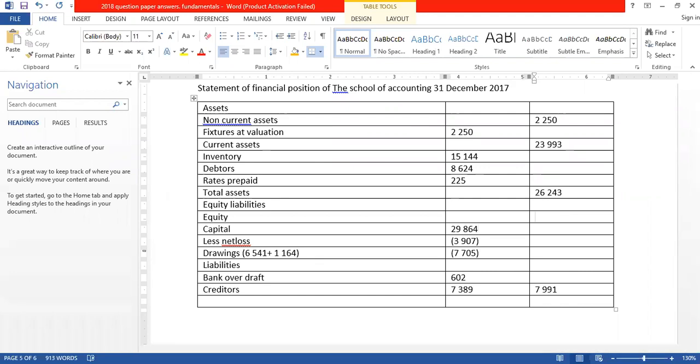So in this case, our total equity will be 18,252. I hope we are getting the same answers.